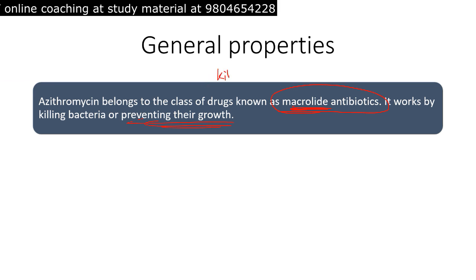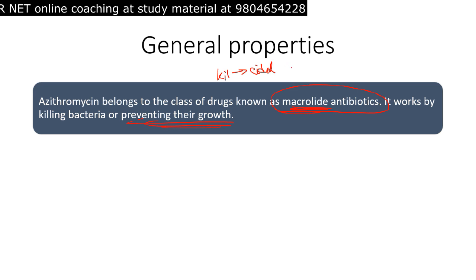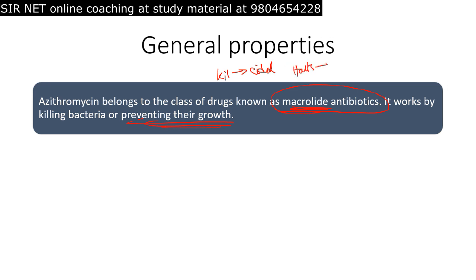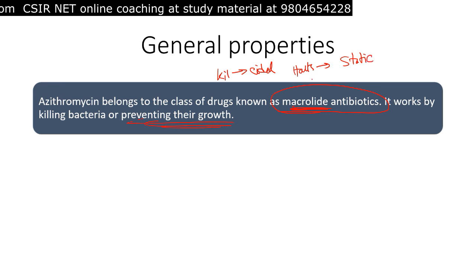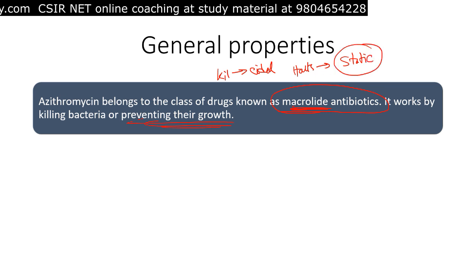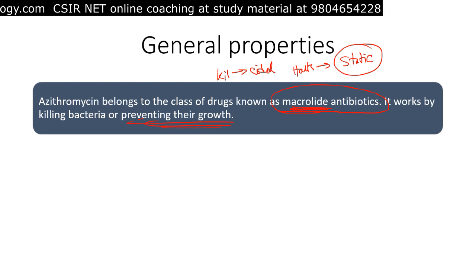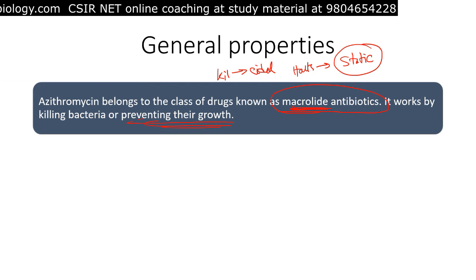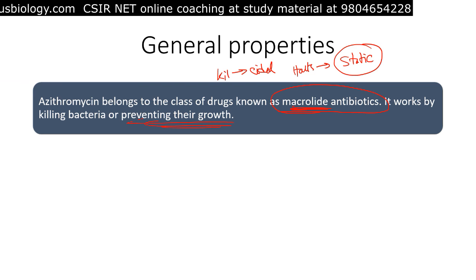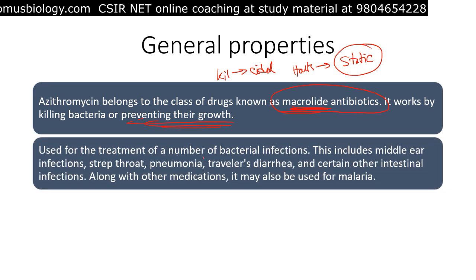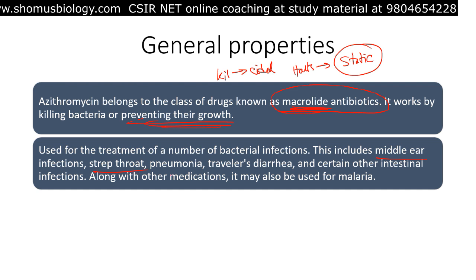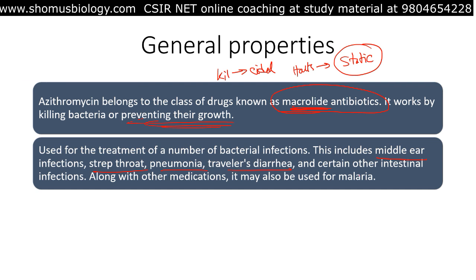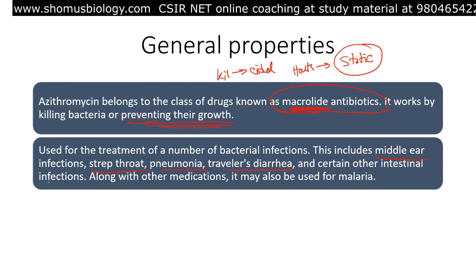If it kills the bacteria, we call it bactericidal, and if it halts the growth of the bacteria, we call it bacteriostatic. So here, macrolides generally belong to the bacteriostatic kind of antibiotic. Sometimes it can also kill the bacteria, but it's bacteriostatic, so it prevents the growth of the bacteria. It is used for the treatment of a number of bacterial infections, including middle ear infection, strep throat, pneumonia, traveler's diarrhea, and certain other intestinal infections.